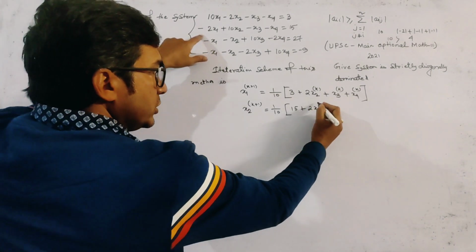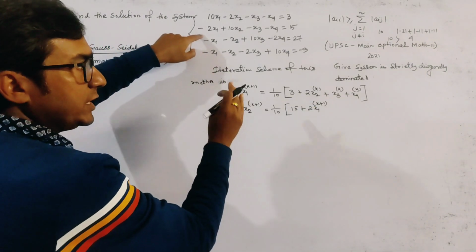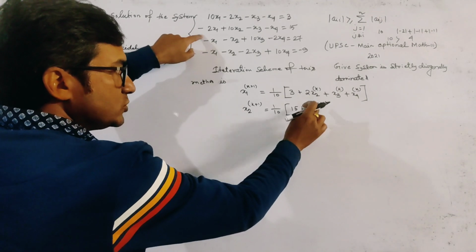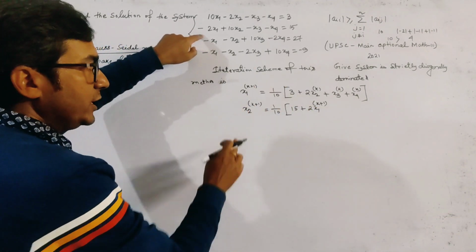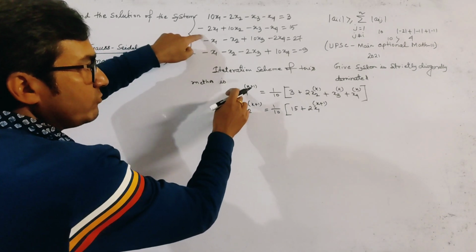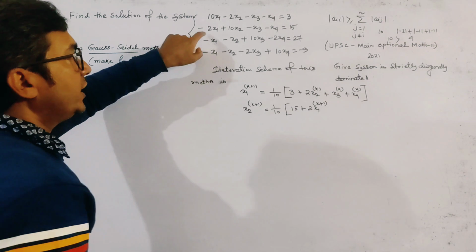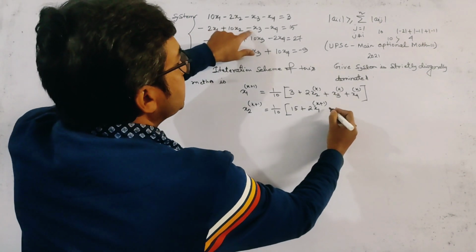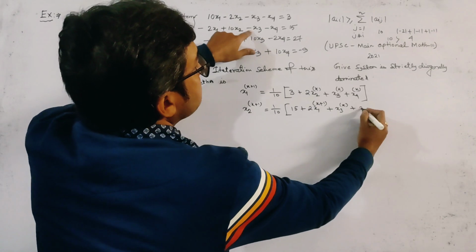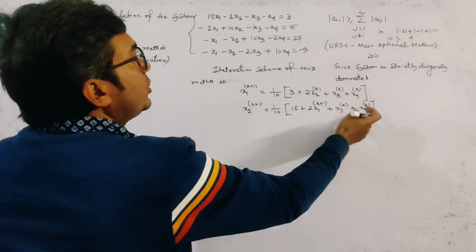Here we put k plus 1, because in the Gauss-Seidel iteration method we put the current value of x1, which we got in the first equation as the k plus 1 iteration of x1. So we put here x1 (k+1).